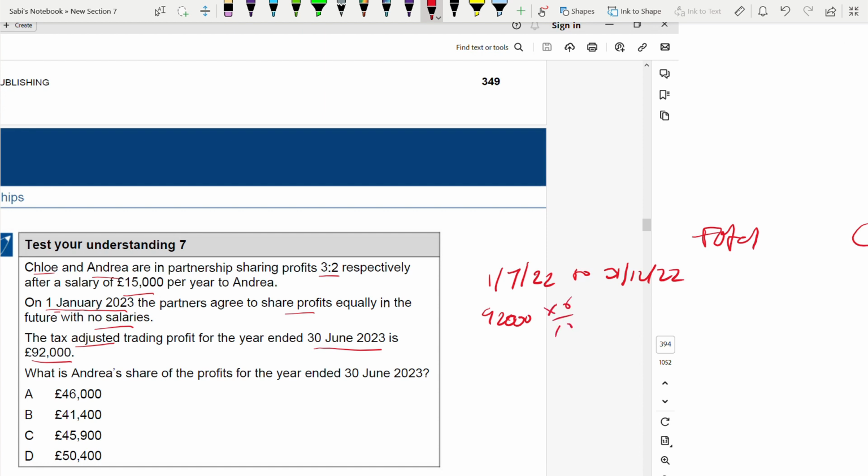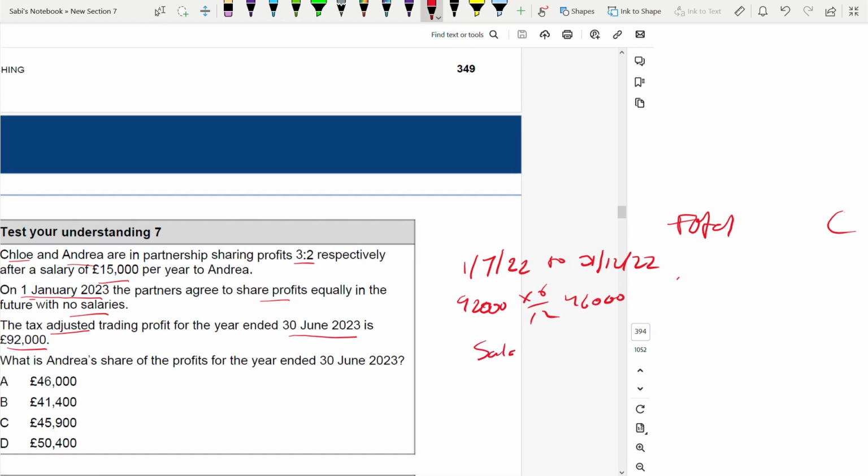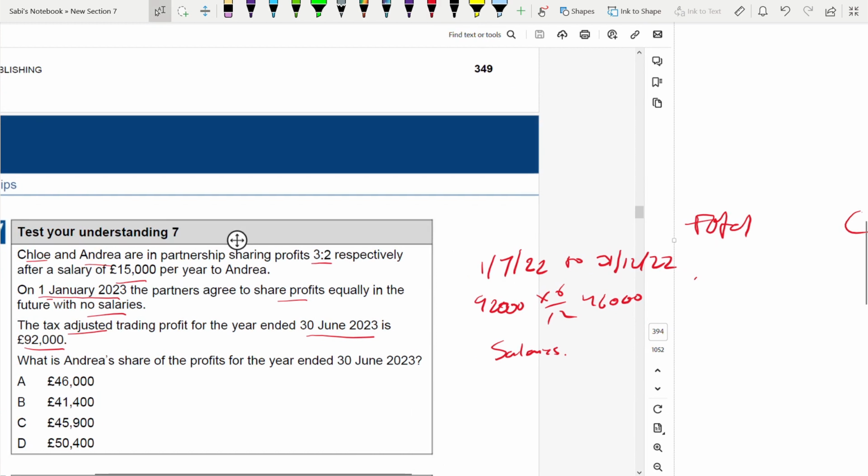into 6 months, which is 46,000. But this 46,000, first you have to take salaries. Salaries will be shared first. 15,000, but 15,000 only you can take 6 months.